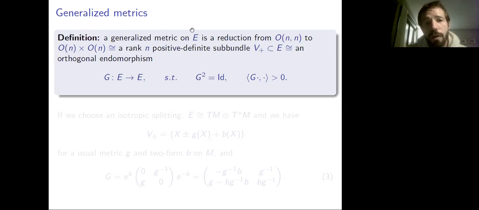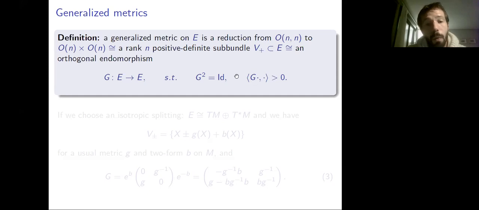A generalized metric on an exact Courant algebroid is either a reduction of the bundle of orthogonal frames to the maximal compact, which is O(n) cross O(n), or you can think of it as a rank n positive definite subbundle B plus inside E, or as an orthogonal endomorphism G from E to E, such that G squared equals the identity and pairing the endomorphism with the pairing is positive definite.